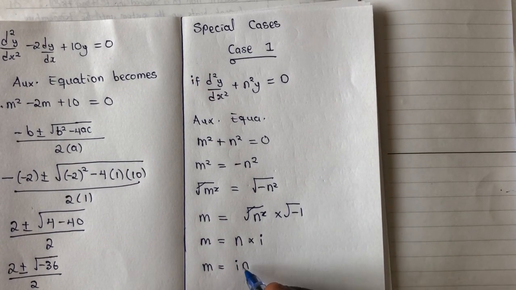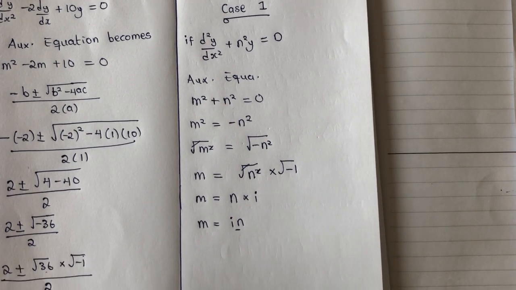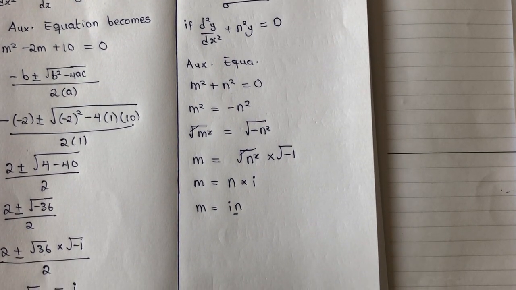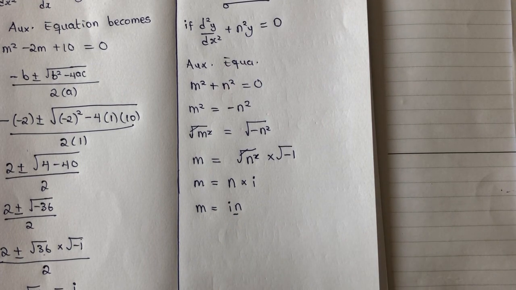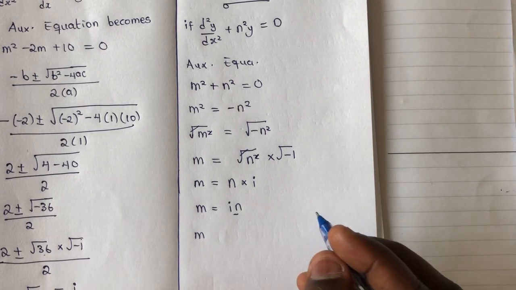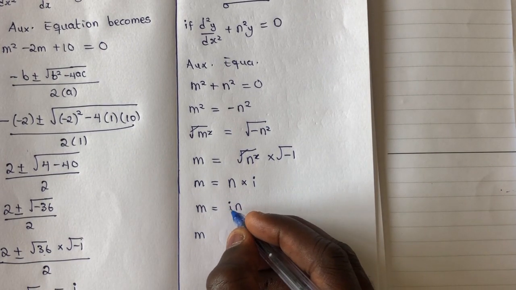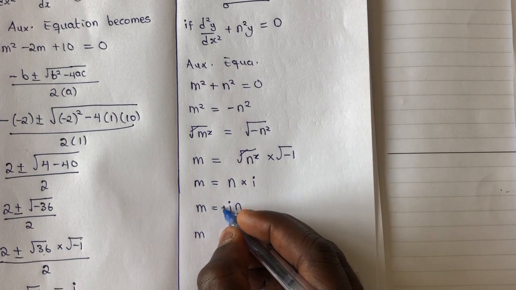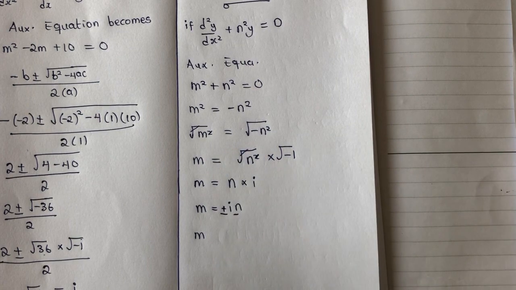Now when you look at this, this has given us the root of m. And n is complex, but it has no real part. In normal circumstance, m is supposed to be plus or minus i n, because we have taken the root of that.